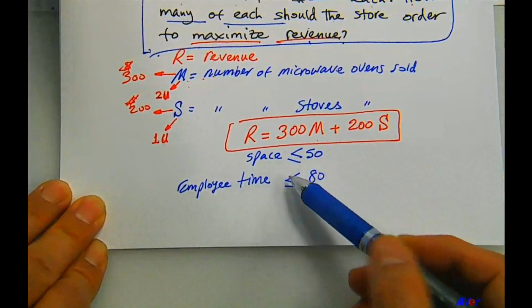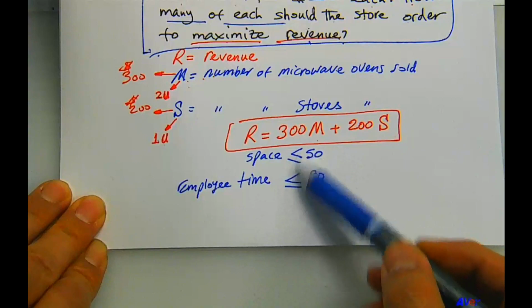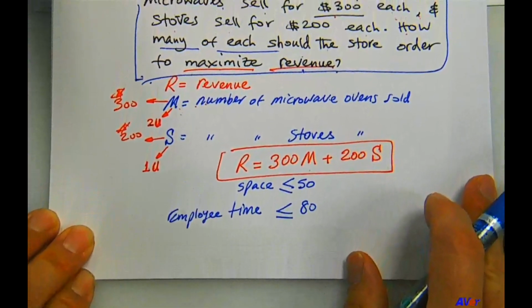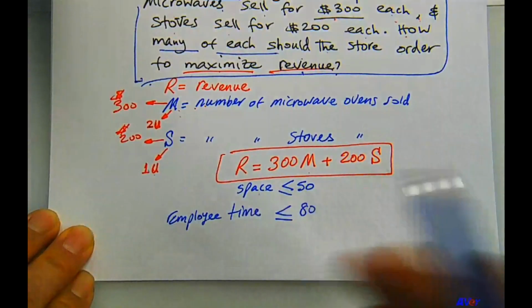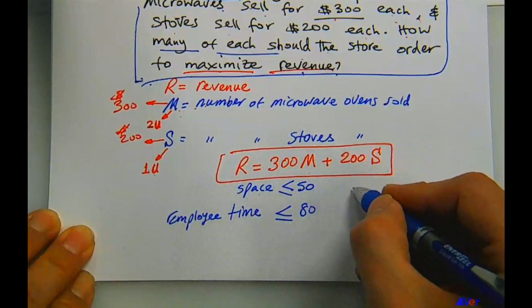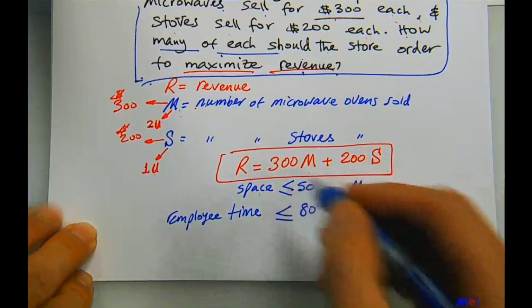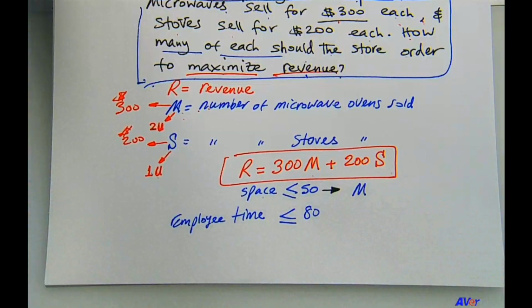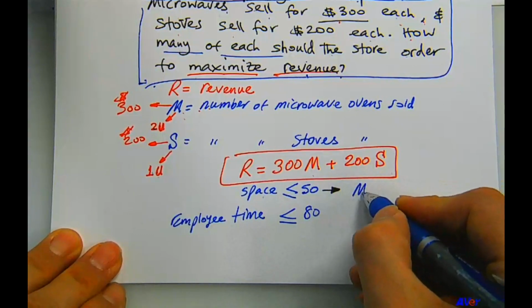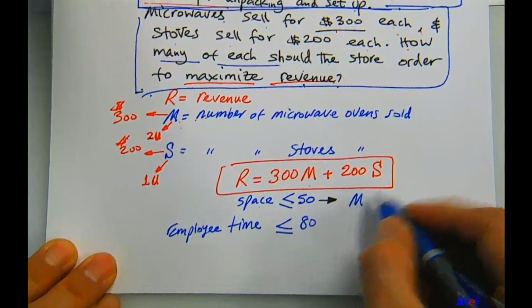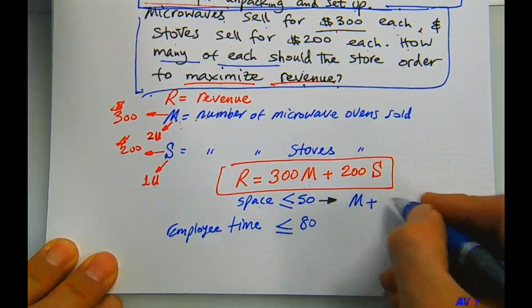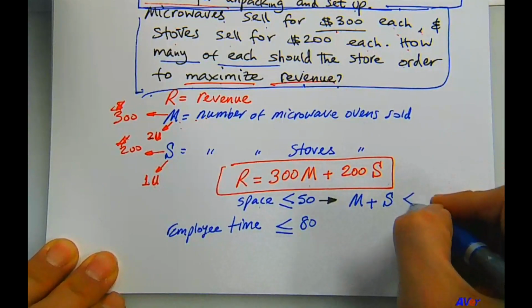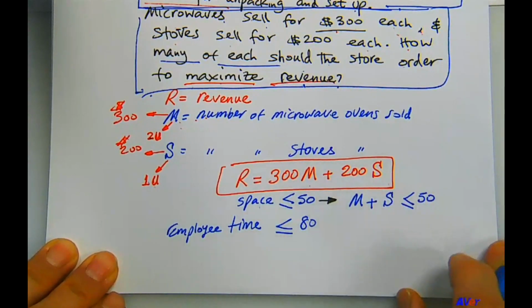Okay, so now let's use this information to set up our constraint inequalities. First of all, for space, that's the easy one, right? So we know that given this constraint, M, the number of microwave ovens, plus S, which represents the number of stoves, should be less than or equal to 50, right?